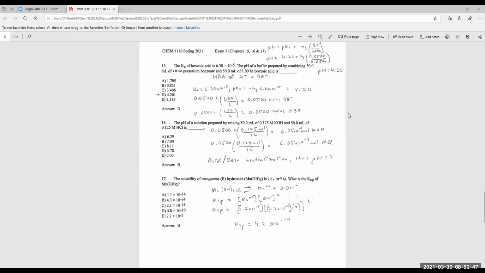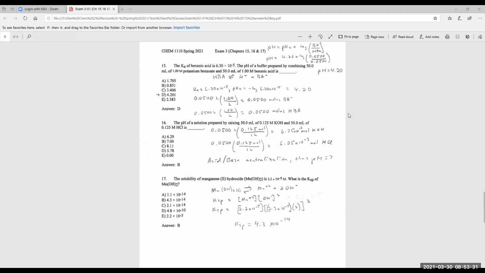So you can take your Ka value, convert that to a pKa value, that's 4.2. And then you want to calculate the number of moles of the anion, the benzoate, and then the number of moles of the acid. And so you would do that by converting your milliliters to liters and then multiplying that by the molarity. In each case, the molarity was 1, so you get 0.05 moles of each of those. Then you would go back and plug those into the Henderson-Hasselbalch equation, and you get a value of 4.20.